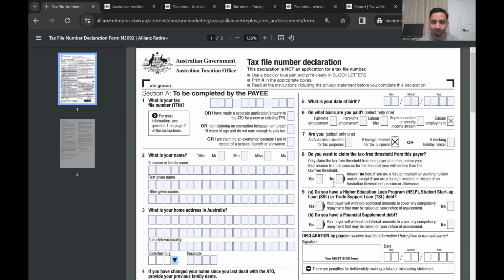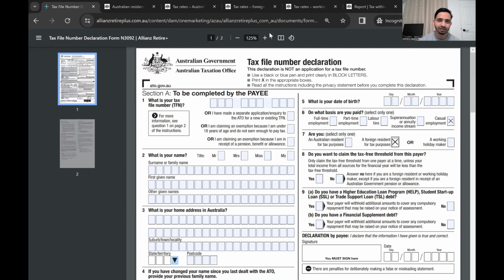But if you're not, you can't claim any tax-free threshold because there is none available to you. You can see here, it says answer no if you are a foreign resident or working holiday maker. Now, working holiday maker is my third category that I want to cover.